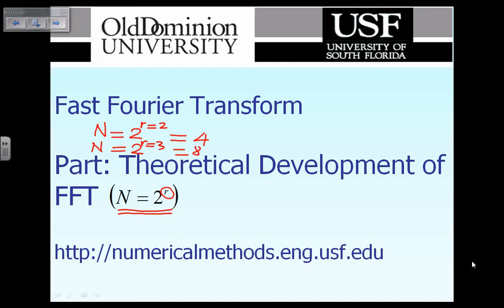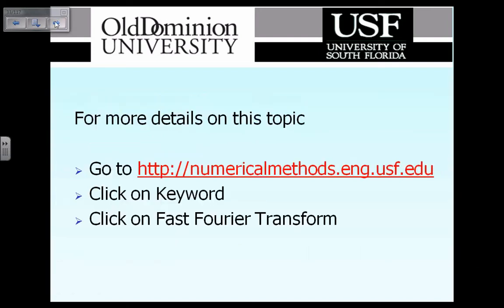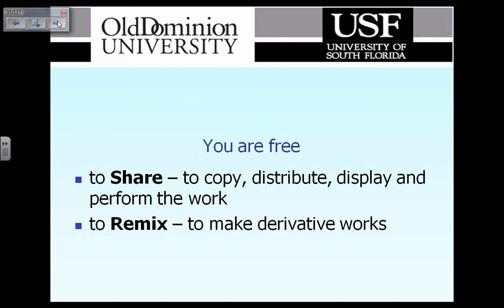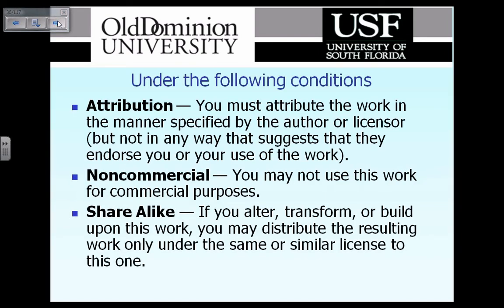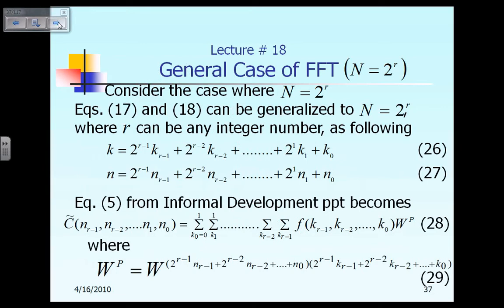Could be 2, could be 3, could be 4, could be any integer value. So, let's see what happens when we consider the fast Fourier transform corresponding to the very general situation where N equal to 2 to the power r, and r could be any integer value.